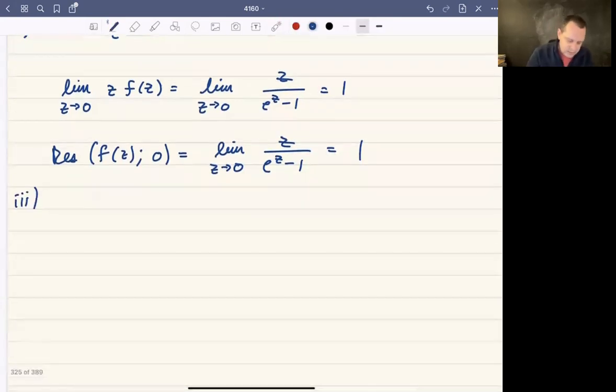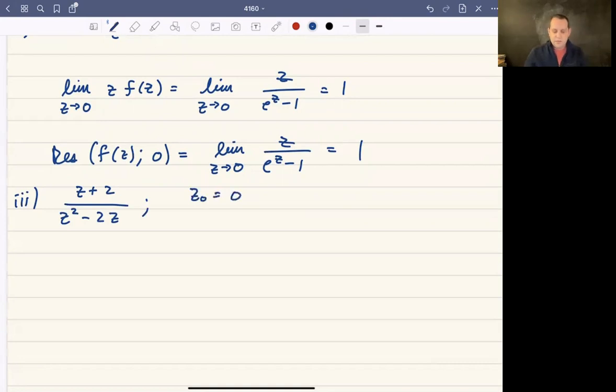Let's look at (z + 2) over (z squared - 2z). And again, I want to look at the value being at 0. Okay, and so when I think about what's going to happen here, you can think of this however you really want to think about it. You could think of this as rule 4 or rule 5, but here you have g, where g of 0 is non-zero, and h, where h of 0 is 0, but the derivative is 2 minus z, and at 0 that's 2, not 0.